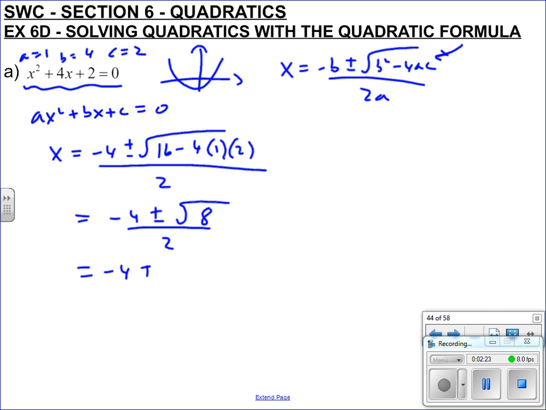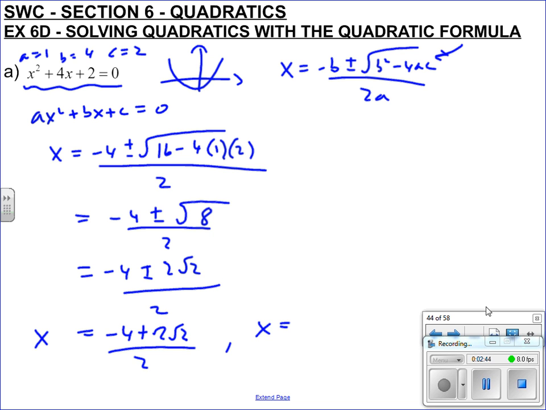And hopefully from our surds video, we know that this is root 2 times root 4 over 2, and root 4 is 2. So this is 2 root 2, and we should be saying then that x equals minus 4 plus 2 root 2 over 2, or x is minus 4 minus 2 root 2 over 2. Okay?